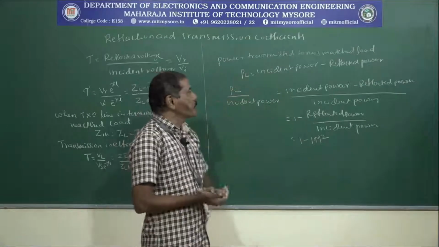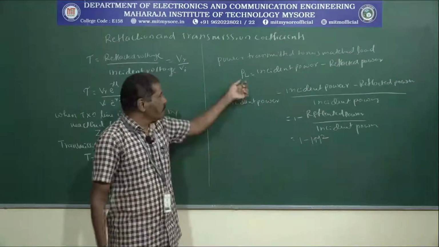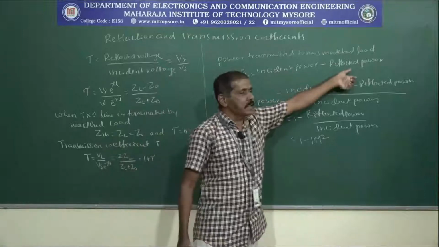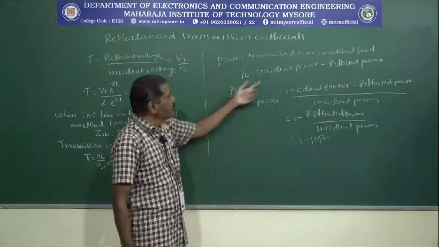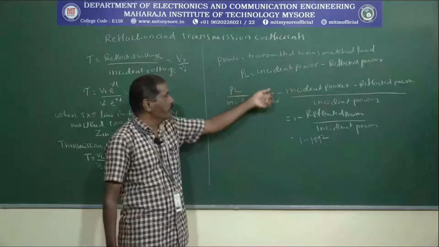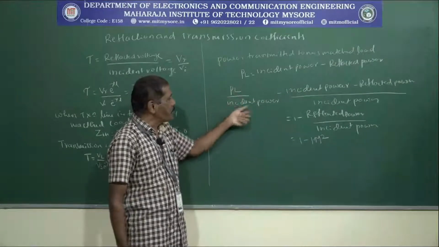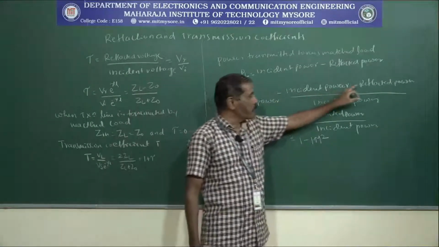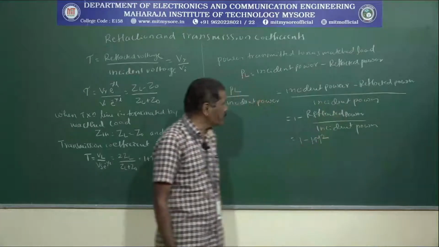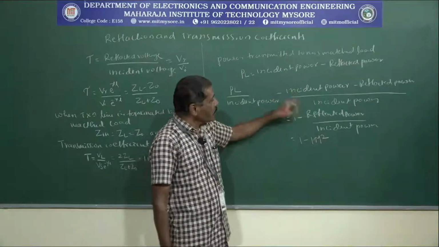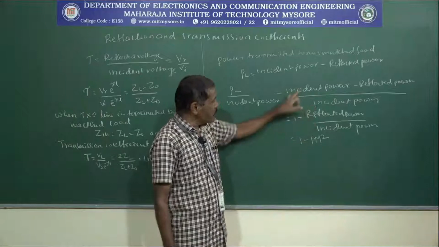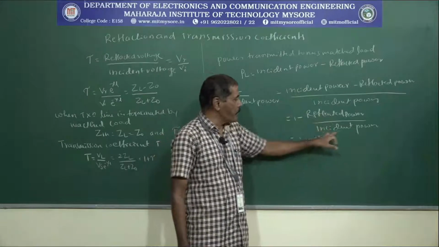Then the power transmitted to the matched load is equal to incident power minus reflected power. Dividing the whole equation by the incident power, PL divided by incident power equals incident power minus reflected power divided by incident power. So the incident power divided by incident power is going to be 1, then reflected power divided by incident power.